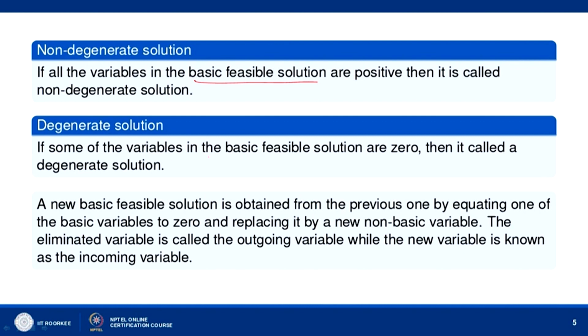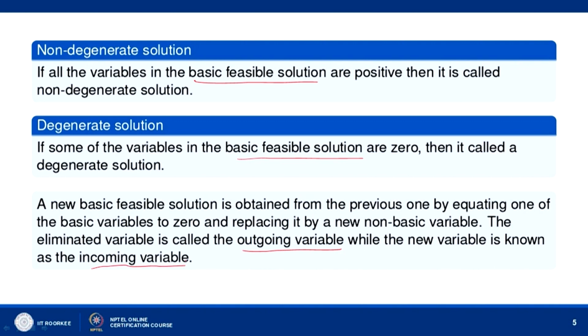If some of the variables in the basic feasible solution are 0, we call it a degenerate solution. A new basic feasible solution is obtained from the previous one by equating one of the basic variables to 0 and replacing it by a new non-basic variable. The eliminated variable is called the outgoing variable, while the new variable is called the incoming variable.